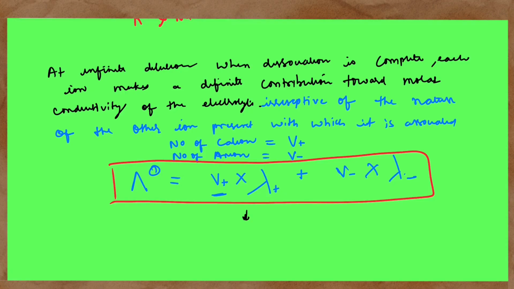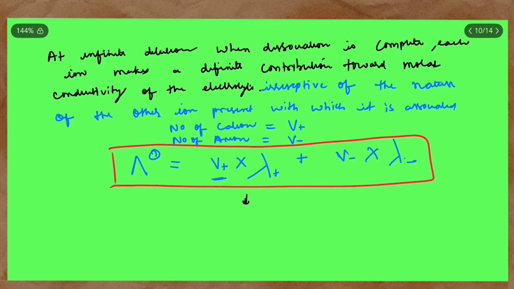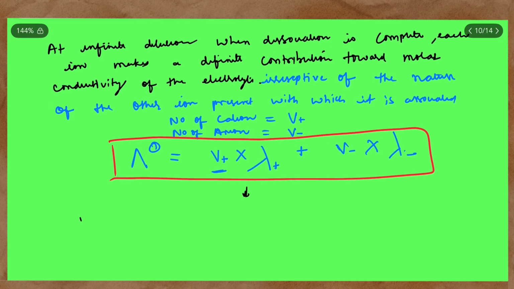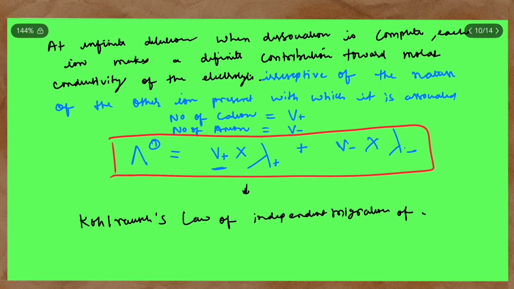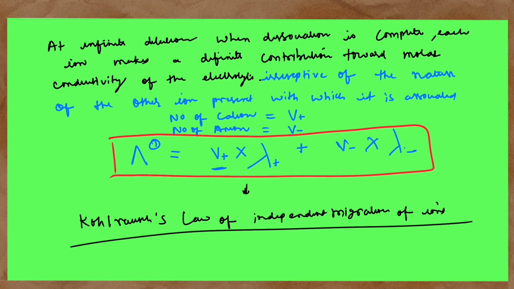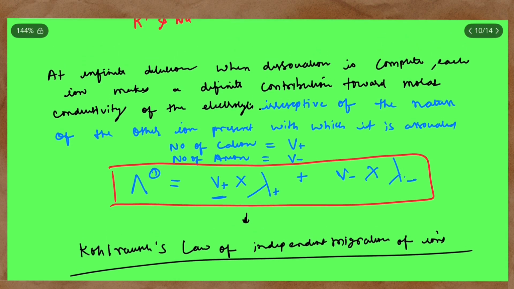We define our Kohlrausch law in terms of this equation, and sometimes we call Kohlrausch law the Kohlrausch law of independent migration of ions, because it doesn't matter what type of electrolyte it is, it is always the contribution of each individual ion. So this is the concept of Kohlrausch law.